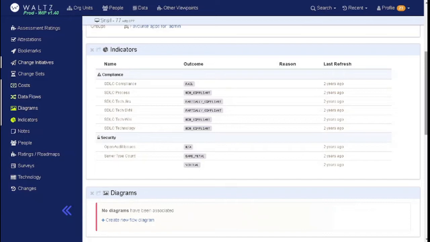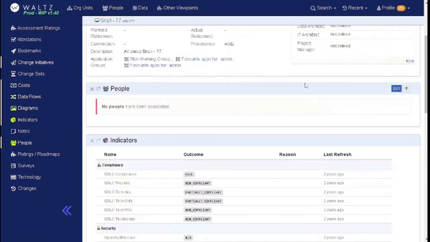But it also lets you roll these all up to different org units or different people. And again, it can start becoming far more powerful. So obviously, it's really interesting to understand that maybe you're non-compliant for SDLC technology, but when you go further up the organisation or further up the hierarchy to understand the wider picture, again, that can be far more powerful.